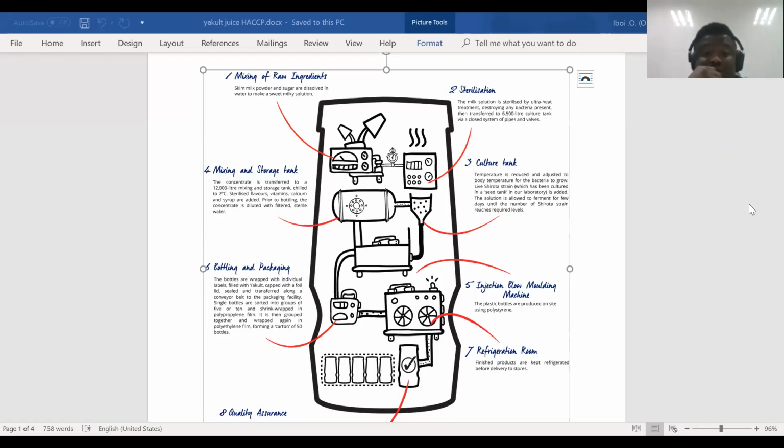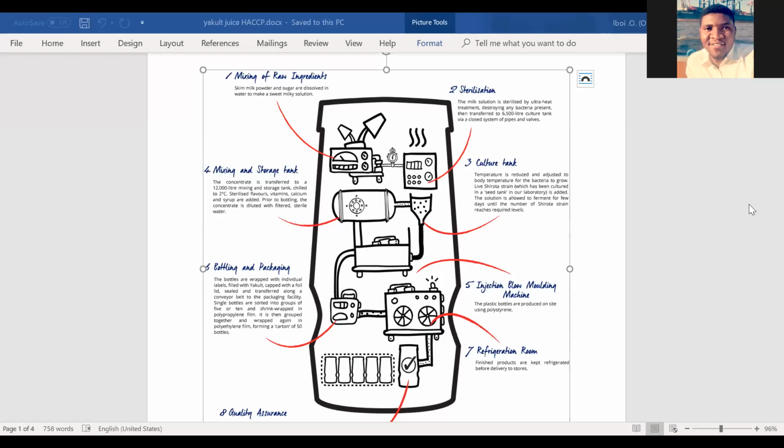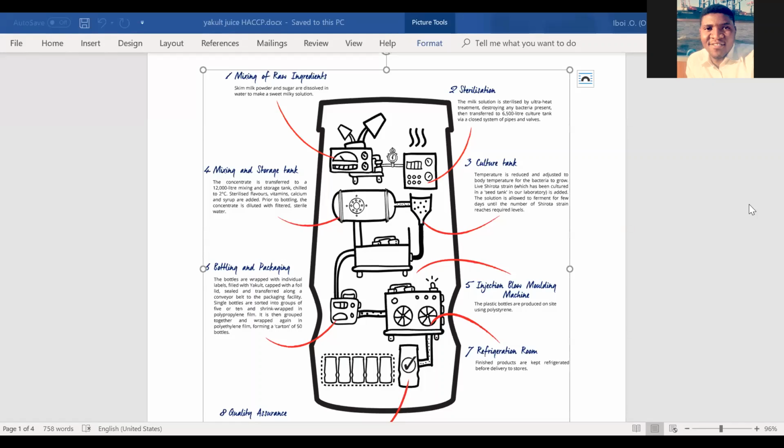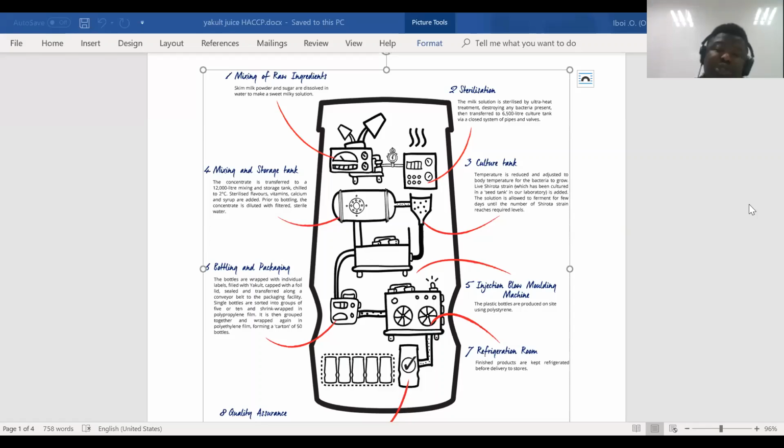Okay, so for the mixing of raw ingredients and all that, then for the sterilization, what temperature are you using to sterilize? So she didn't put that, but for me, I think it's greater than 80 degrees Celsius, right? Yeah, so maybe we should just look online. Of course, in a normal setting, the company you are going to consult for will definitely tell you their sterilization temperature.